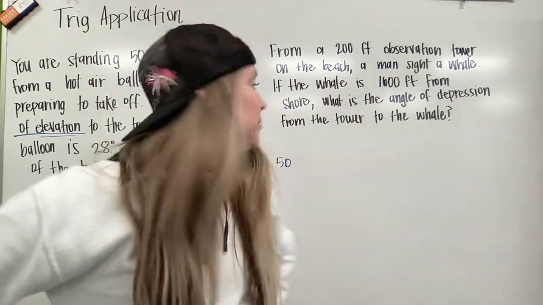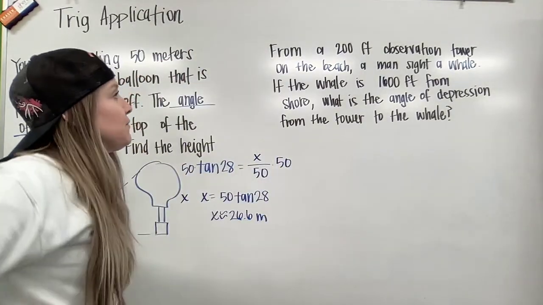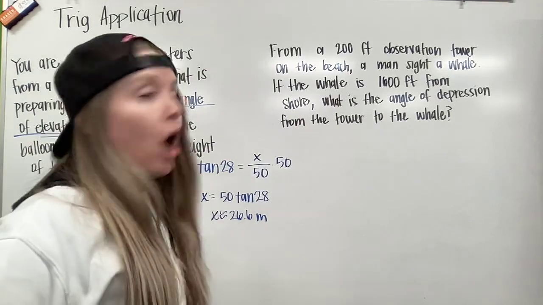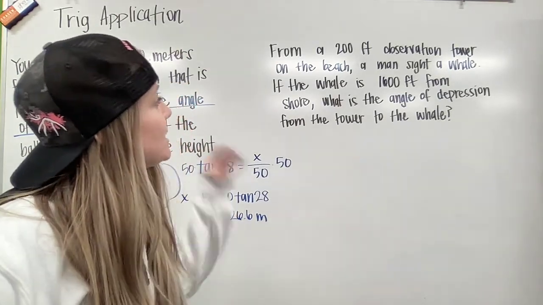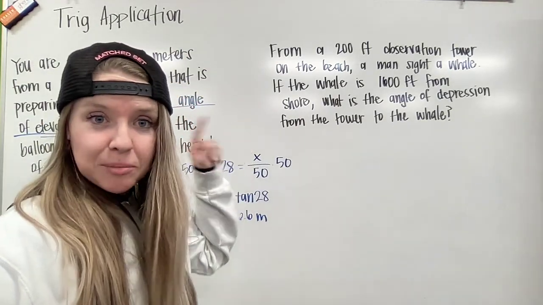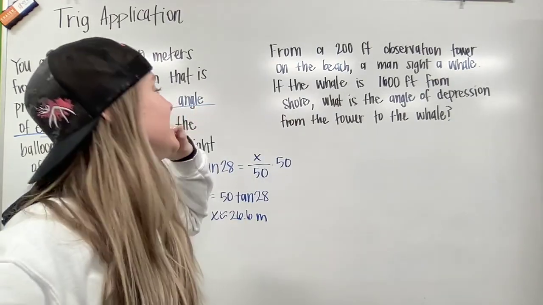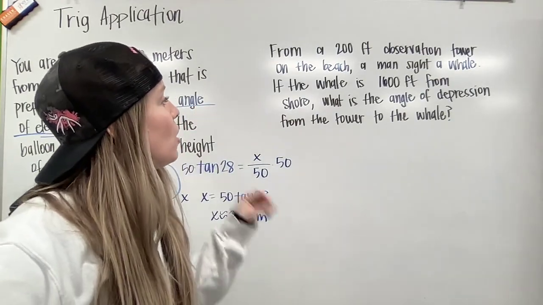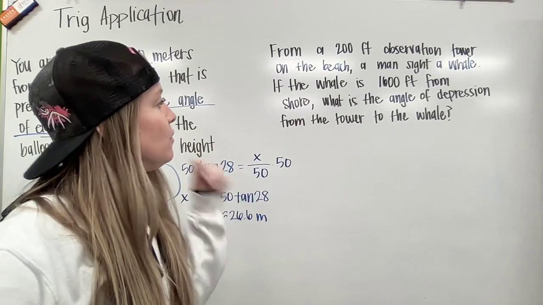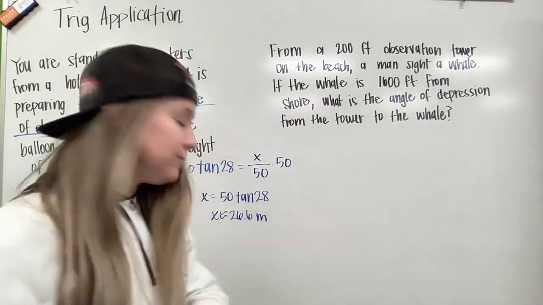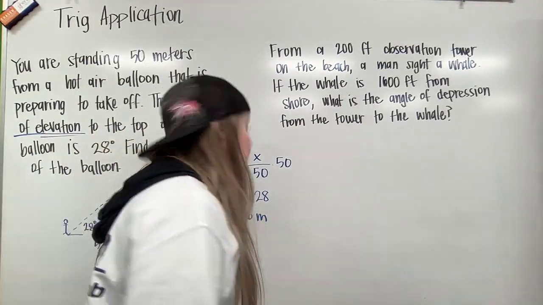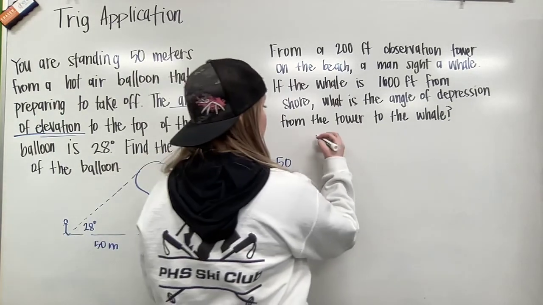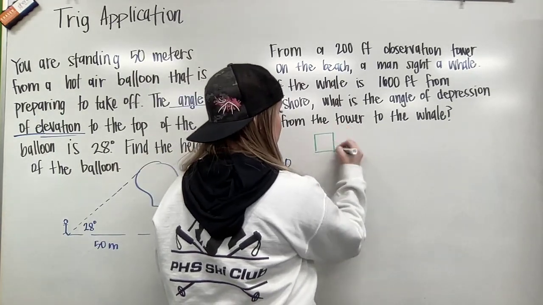Second problem that we're looking at here says from a 200-foot observation tower on the beach, a man sights a whale. If the whale is 1,600 feet from shore, what is the angle of depression from the tower to the whale? So again, I'm going to get myself a little visual. So I've got my observation tower.